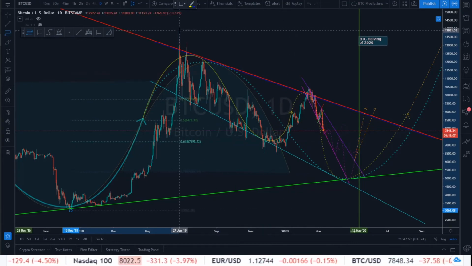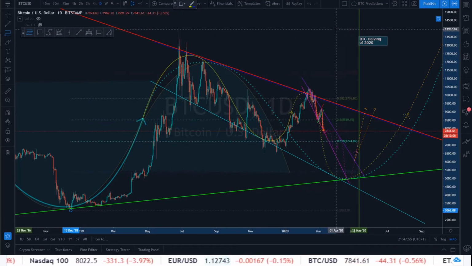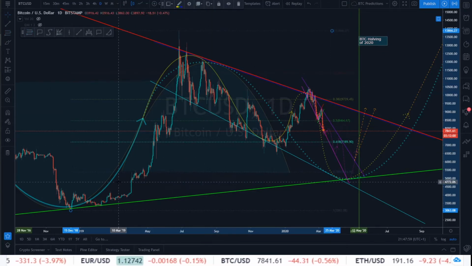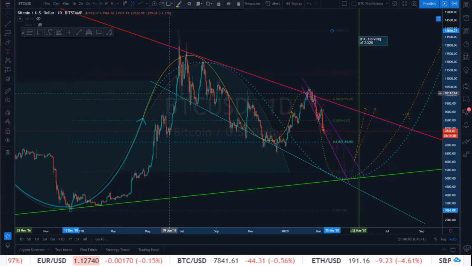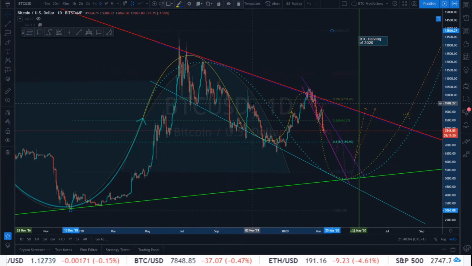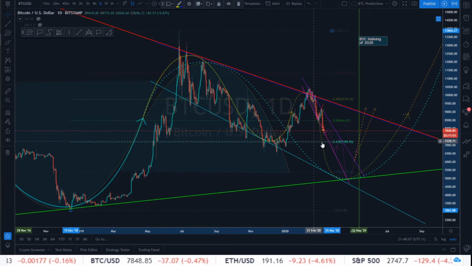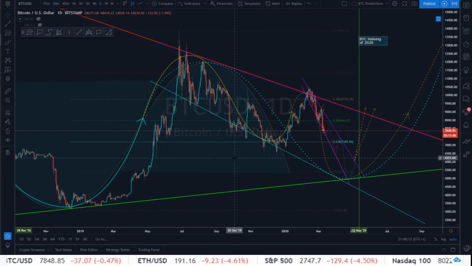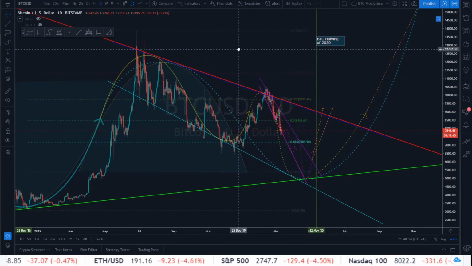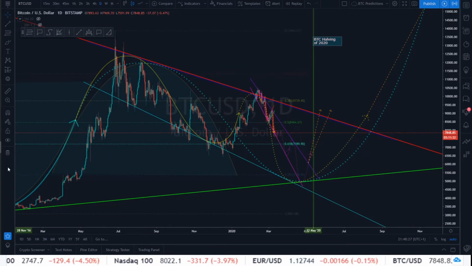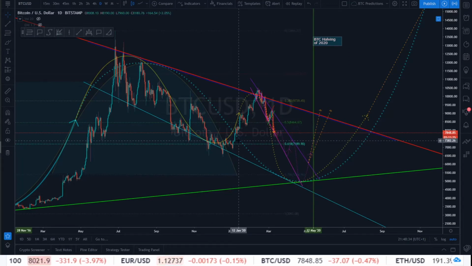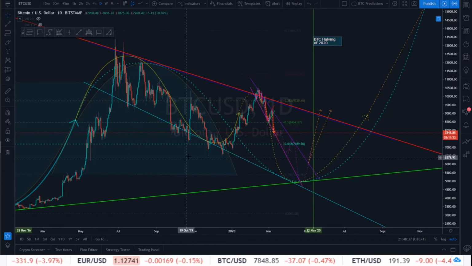So here, I'm gonna extend this, and now you can see that the price, look, it retraced towards the 0.618 golden number, or some might like to call it the golden pocket. Retracing to this number almost always happens.